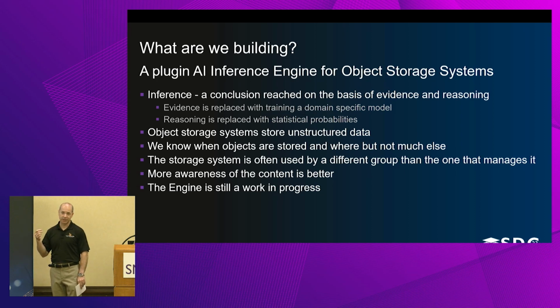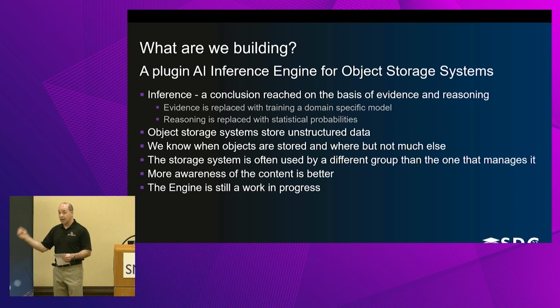You replace that with domain-specific models that are trained on specific information. That replaces the evidence part of the inference process. And reasoning, machines don't reason, that's for sure. So that's replaced with statistical probabilities of what's in the information being inspected in inference. That's what the AI engine does, and we're going to talk about what it does and how it does it.